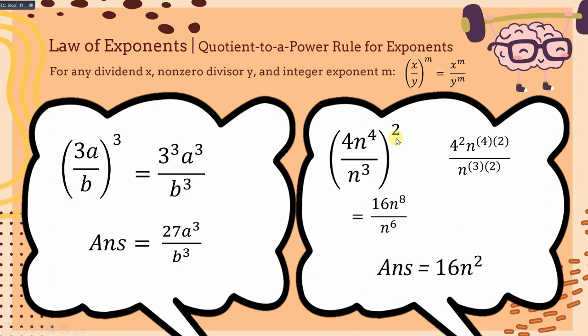So we will get 16 n to the power of 8 over n raised to 6. To simplify, that will become 16 n squared, because we subtract 6 from 8. So that will be the final answer.